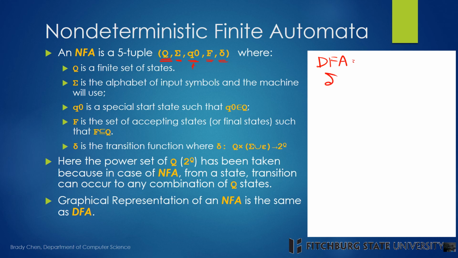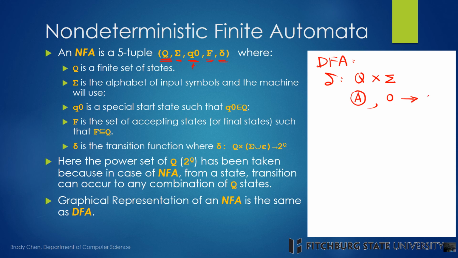Let's say for DFA, the transition function is defined as follows: we have a current state which is in the set of states. So let's say the current state is A, and we have a current input value from sigma, and it could be 0 or could be 1, right? Let's say it's 0. Then the transition function is going to decide what the next state is. Actually, it uniquely determines the next state.